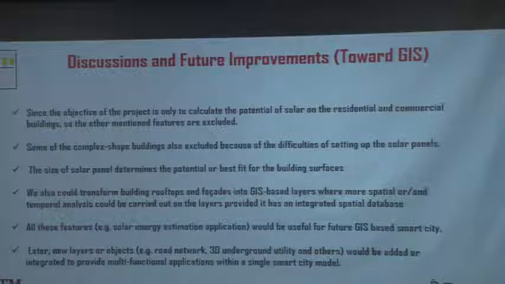Some of the complex shaped buildings were also excluded because of the difficulty of setting solar panels, and we could also transform buildings, rooftops, and facades into GIS-based layers where more spatial or temporal analysis could be carried out on the layers, provided it has an integrated spatial database.